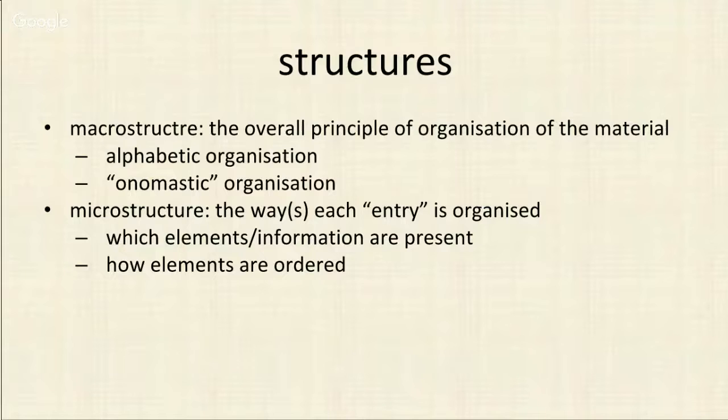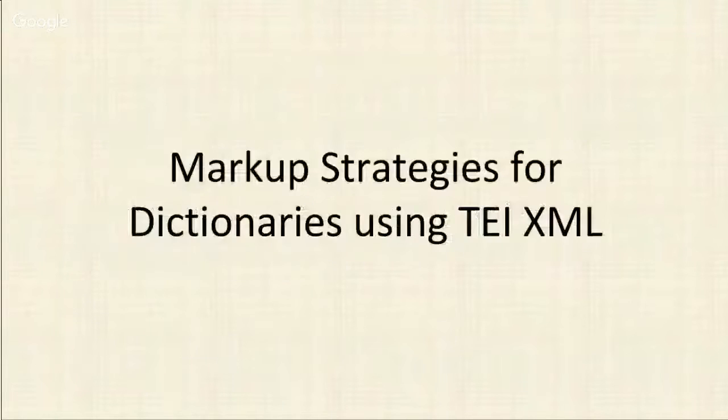That means which elements are present and how elements are ordered. We will see some examples when we try to represent in TEI XML some small entries of dictionaries that I will show you. Can we go to the next slide?